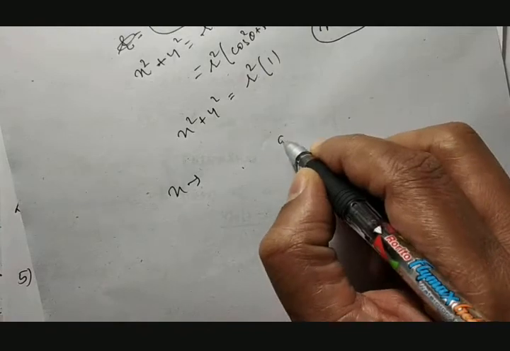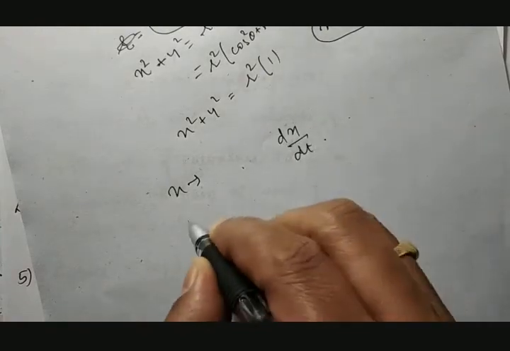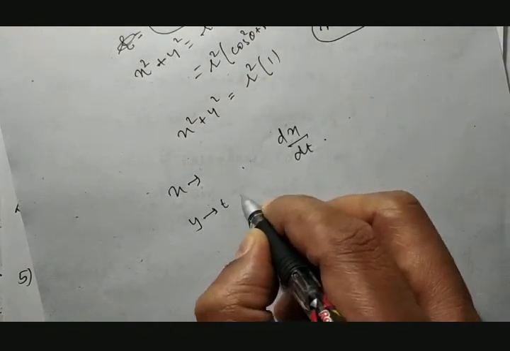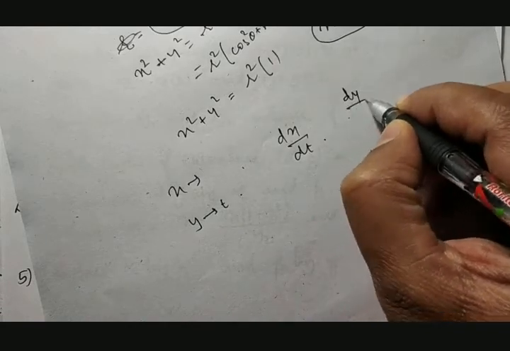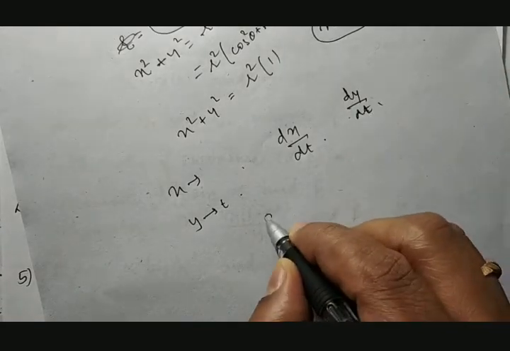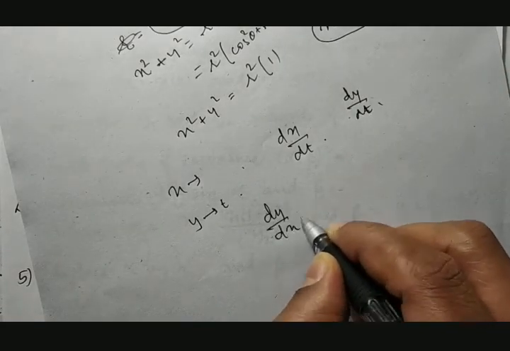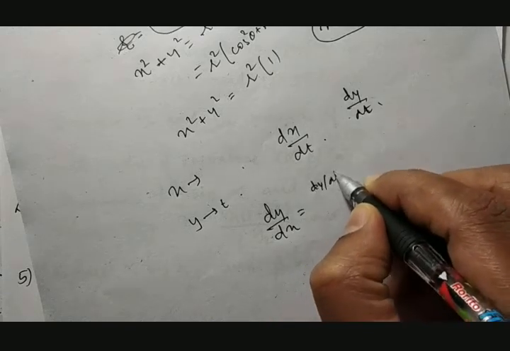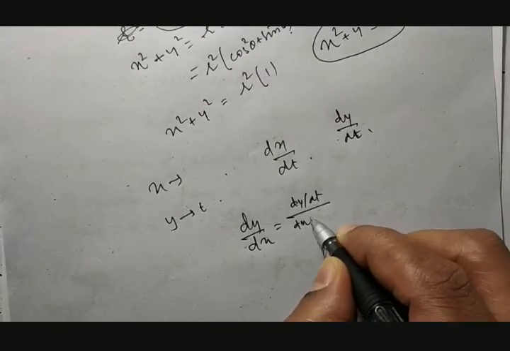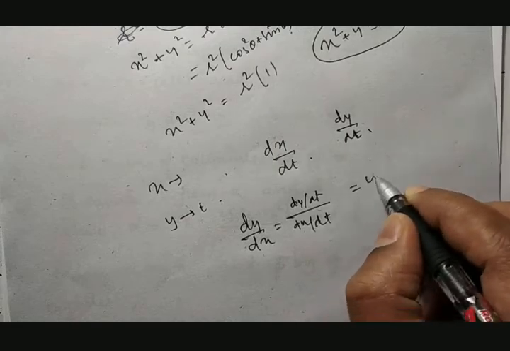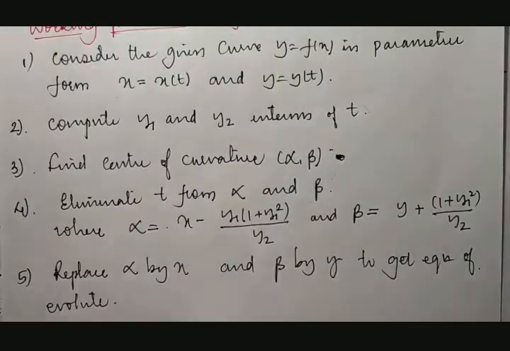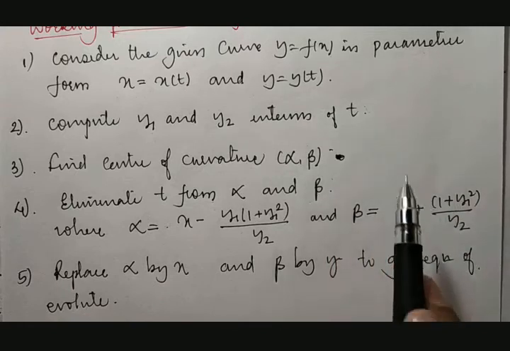When we differentiate x with respect to t, we get dx by dt, and when we differentiate y with respect to t, we get dy by dt. Therefore, dy by dx, which is nothing but dy by dt divided by dx by dt, is y1. Similarly, we need to go to y2. Again, y2 will be the differentiation of y1 with respect to x, because it is already converted.